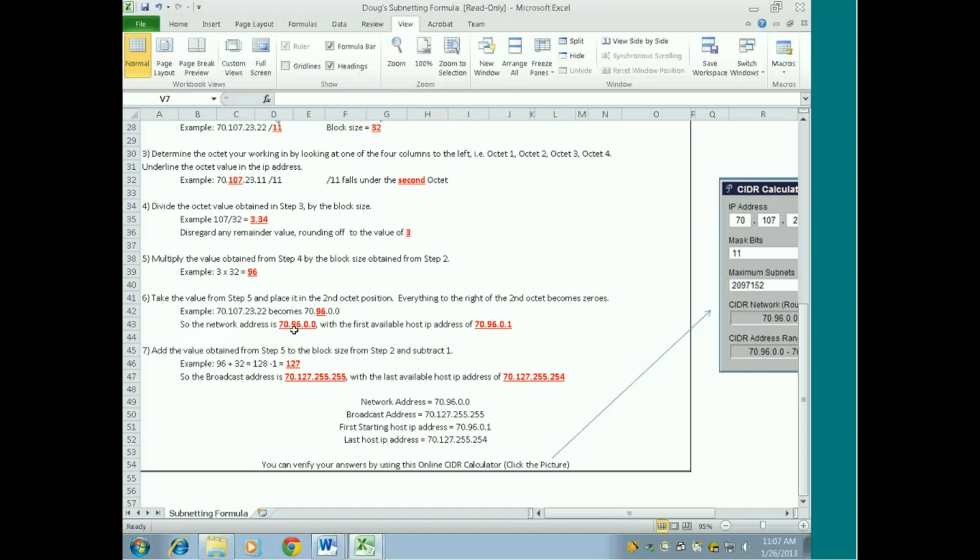Notice how for the network address, to the right of the network address, I always turn it off. The bits are off. They go to zeros. I take 96, add it to the block size, equals 128, minus 1 for the broadcast, equals 127.